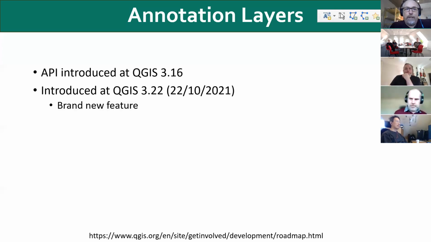So this is a very new feature, and with most new features in QGIS, there's usually a flurry of development for the first two versions afterwards. So I expect there to be quite a few more enhancements to annotation layers at 3.26 and 3.28 during this year.